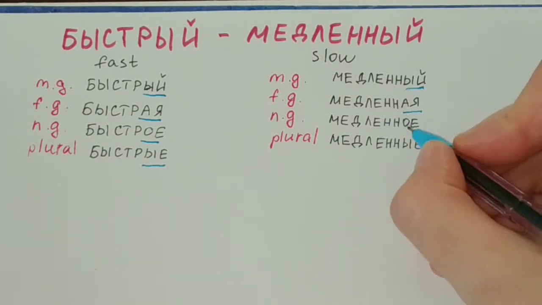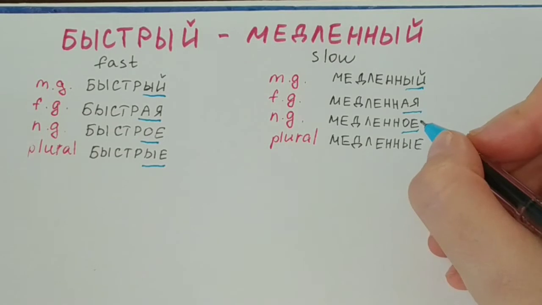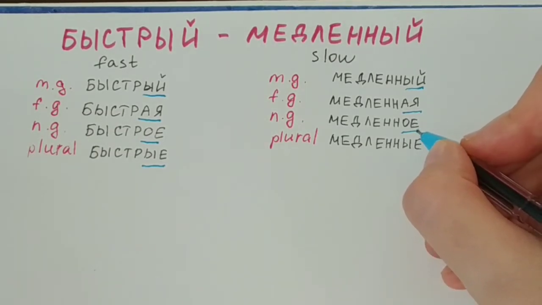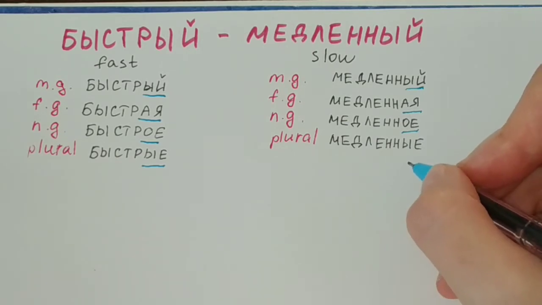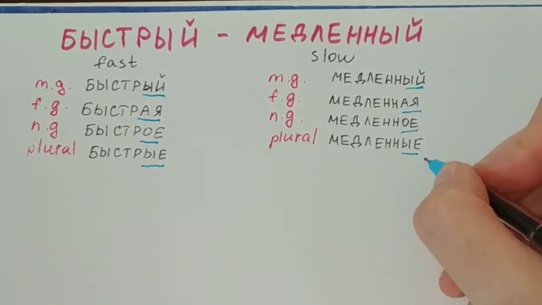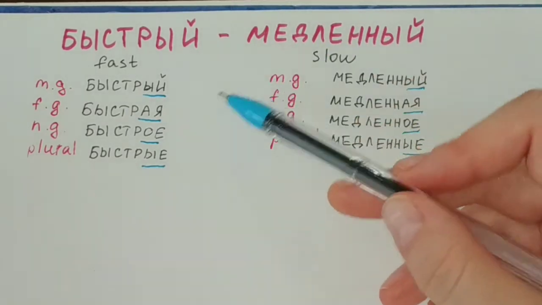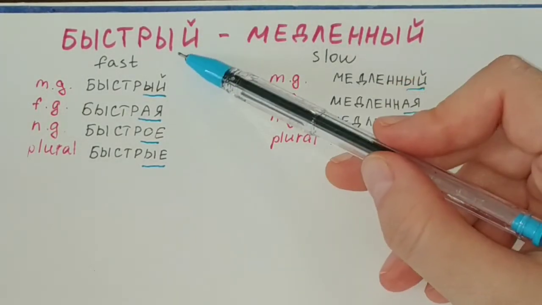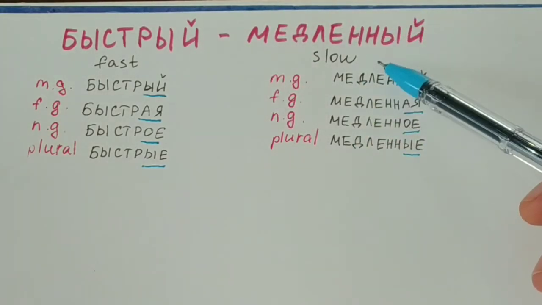For neuter gender, the ending is «ое», медленное. And for the plural form, the ending is also «ые», медленные. So these are all of the four forms of these two adjectives: быстрый, fast, and медленный, slow.